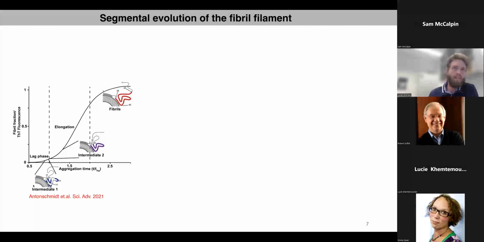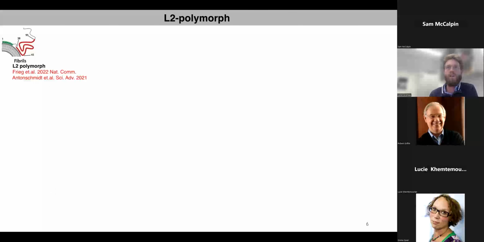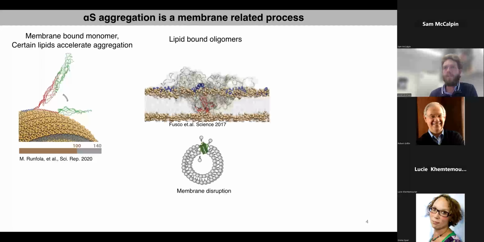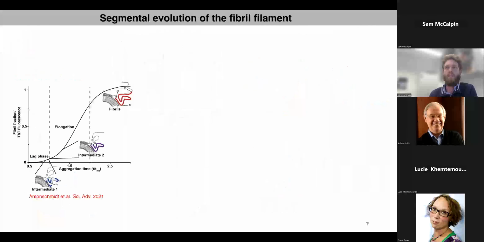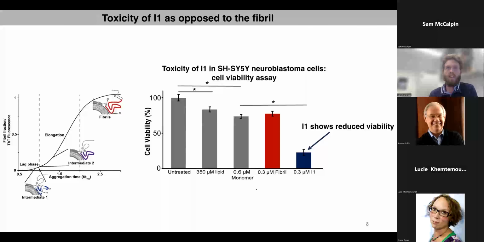Part of what motivates the interest in intermediate 1 is the connection to toxicity, and we're not the first to notice that small oligomeric species of alpha-synuclein can have higher toxicity than fibrils.